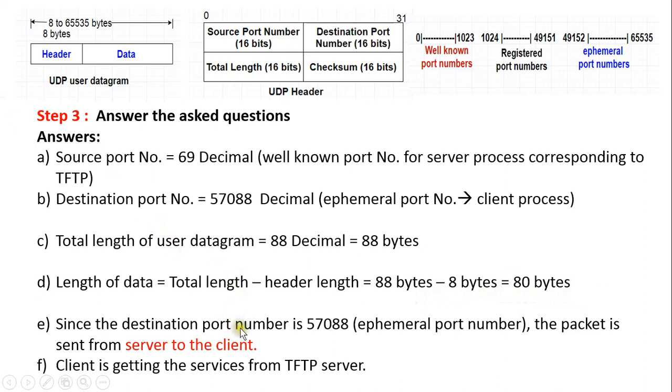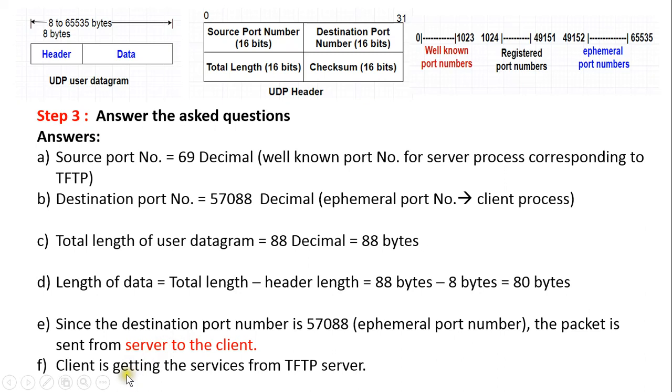Now since the destination port number is 57088 and it is the ephemeral port number, the packet is sent from server to the client, because the destination is the client process and the server is the TFTP server. It is the server process. And we are asked to determine what kind of client process is used in this example.